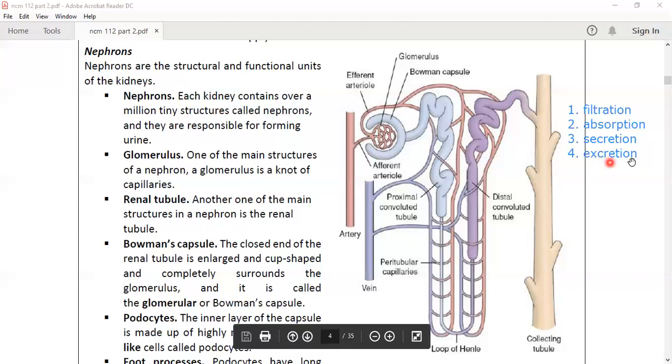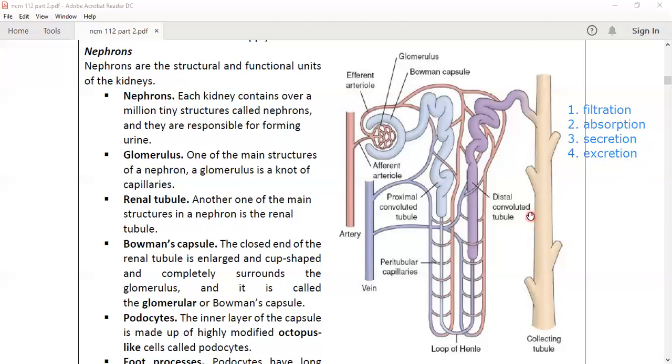That is now your excretion. Those are the four principal processes that I would like you to remember: filtration, absorption, secretion, and excretion.